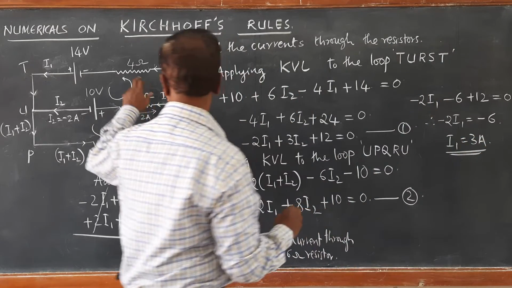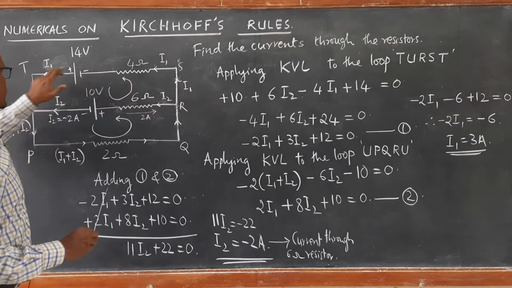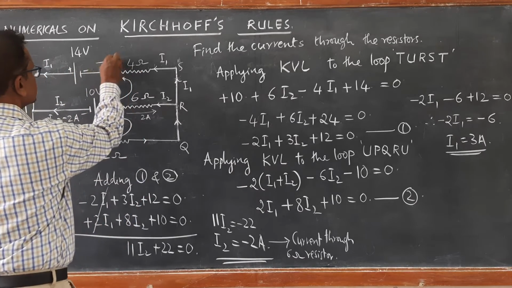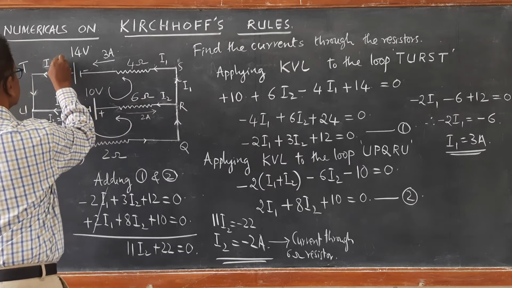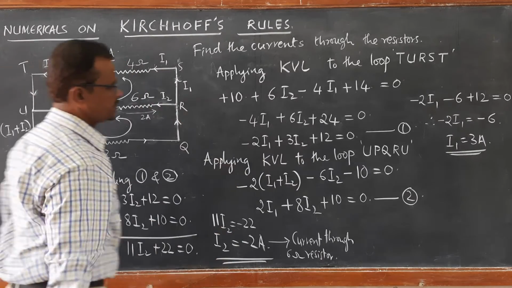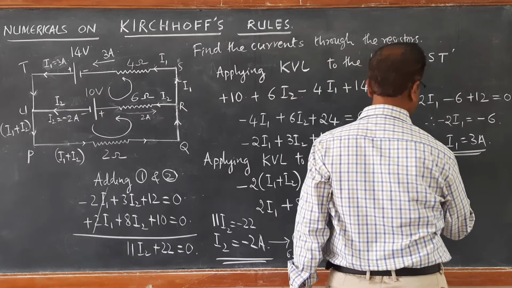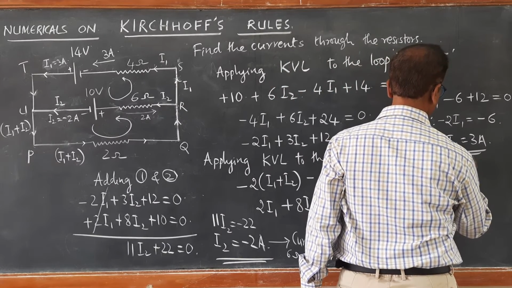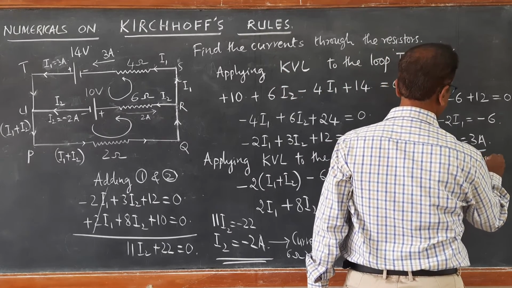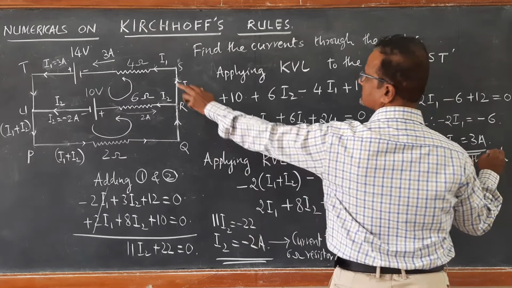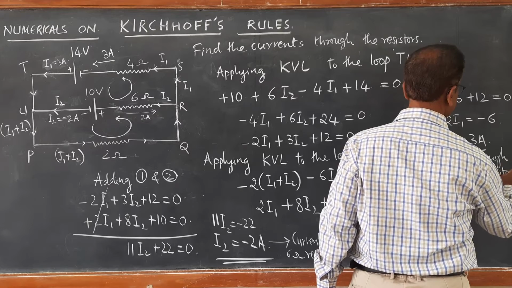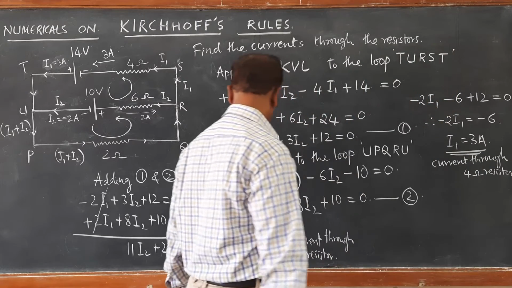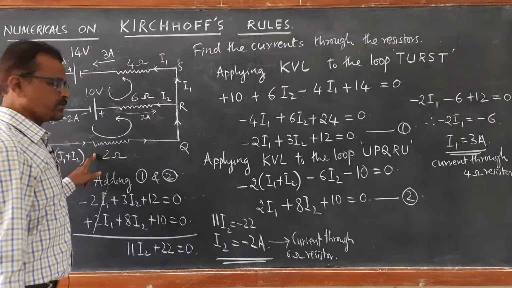So this is the current through the 4 ohm resistor. The current through the 4 ohm resistor is in the same assumed direction, that is 3 ampere. So I1 is equal to 3 ampere. That's fine. Now the third one, look at this, I1 plus I2.